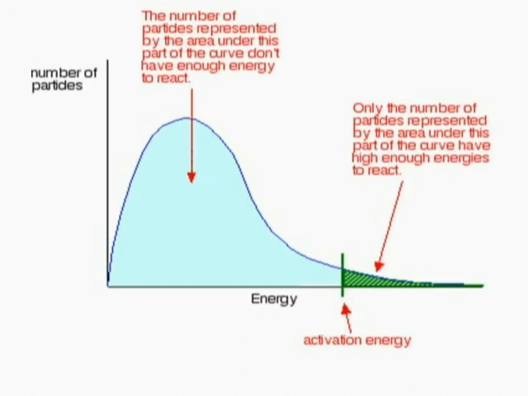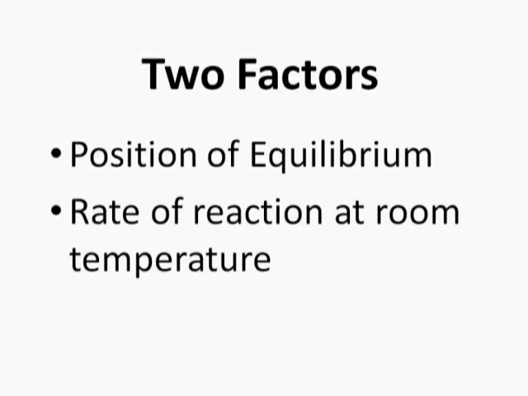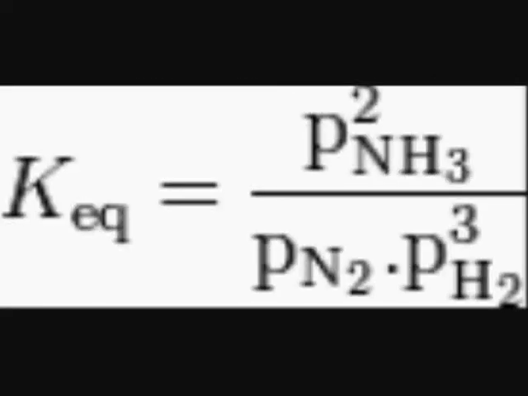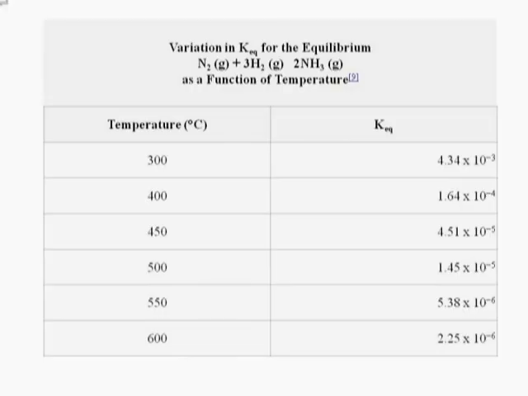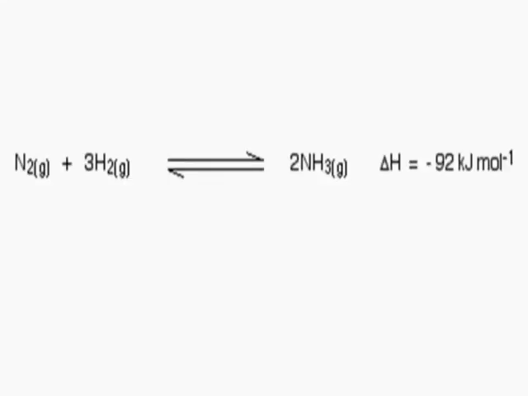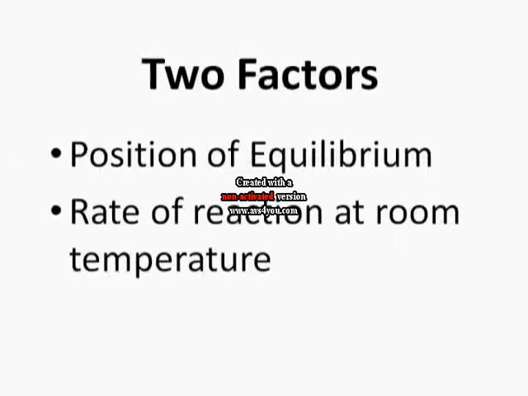There are two opposing considerations when we are looking at the Haber-Bosch synthesis process: the position of the equilibrium and the rate of reaction at room temperature. The reaction is slow and the obvious solution is to raise the temperature. This may increase the rate of reaction, but since the reaction is exothermic, it also has the effect, according to Le Chatelier's principle, of favoring the reverse reaction and thus reducing the amount of product given by this equation.